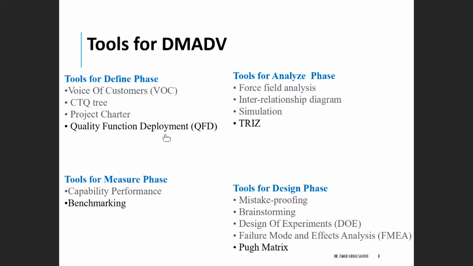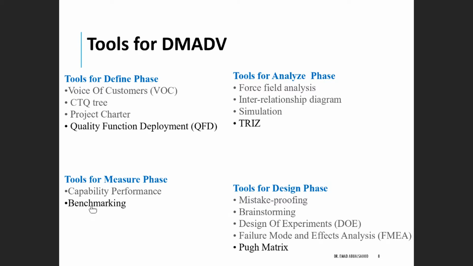In the measure phase, there are plenty of tools. Those are definitely not the only tools, but capability performance is one of the tools that we already covered, to calculate the Cp and the Cpk. And you can also do that in the design for Six Sigma.